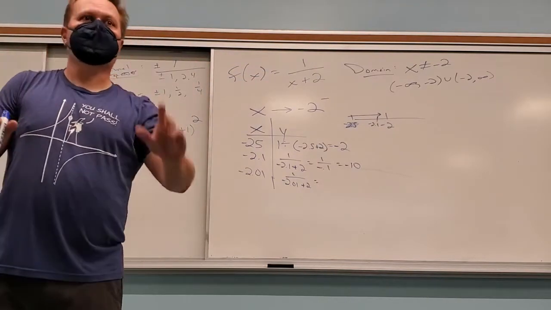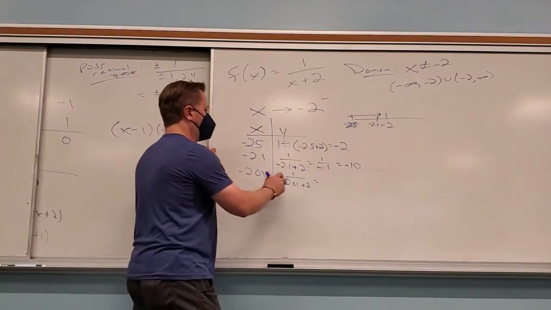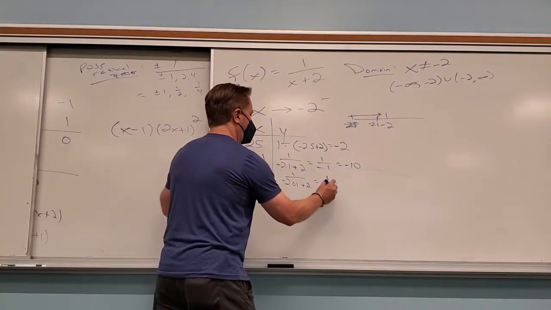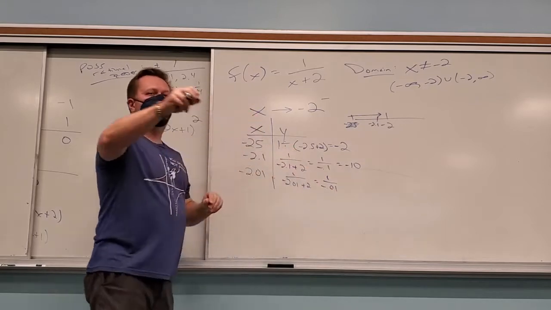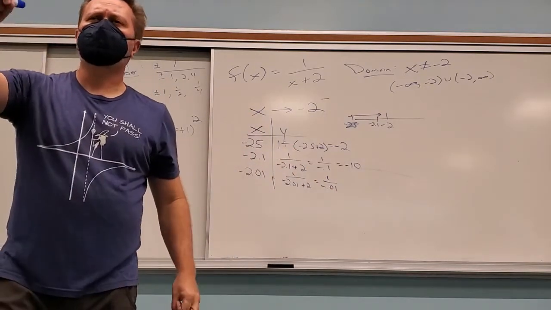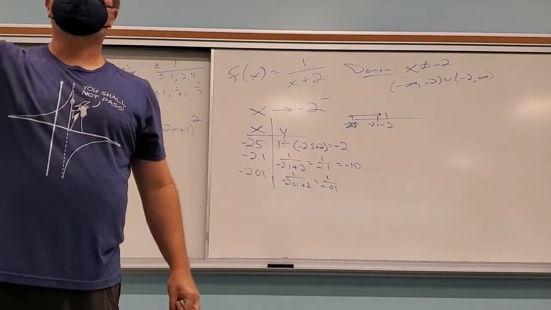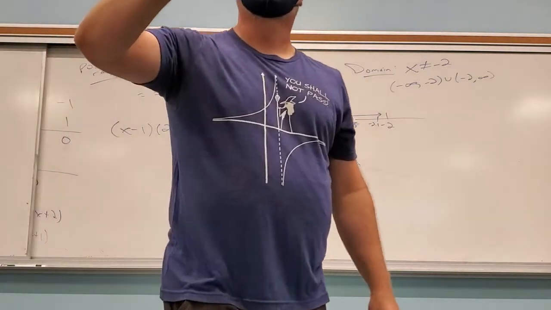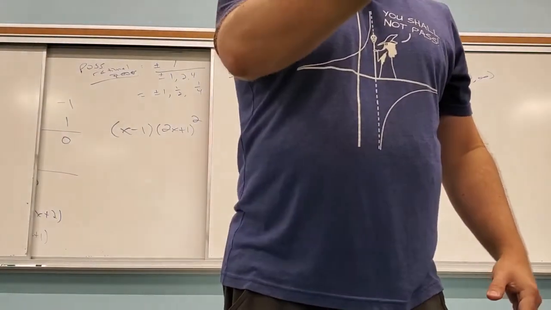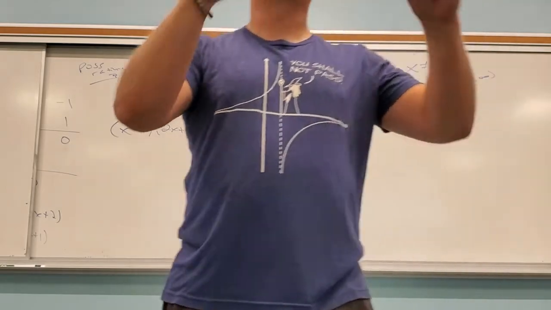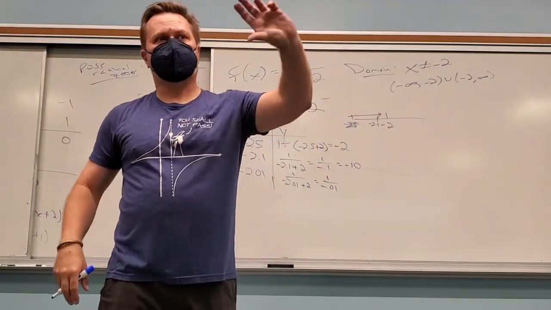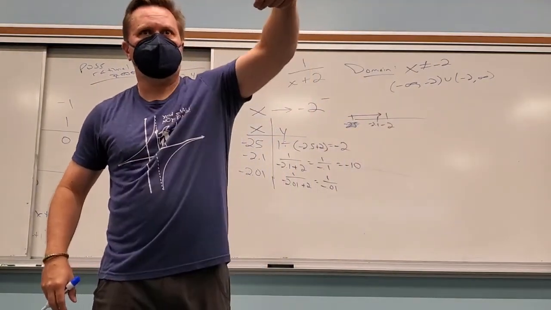So when I put in negative 2.01, I got 1 over negative 0.01. What's 0.01 as a fraction? 1/100th. So 1 divided by 1/100th is 100.